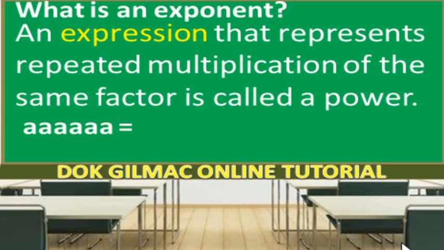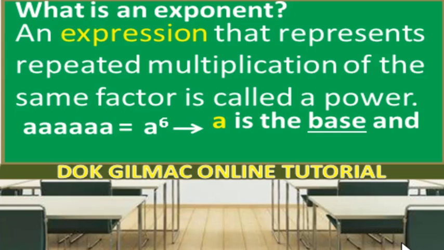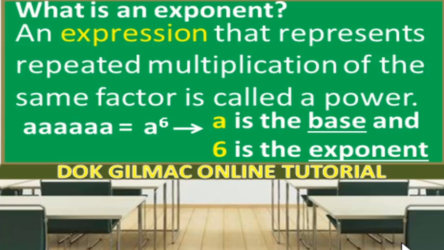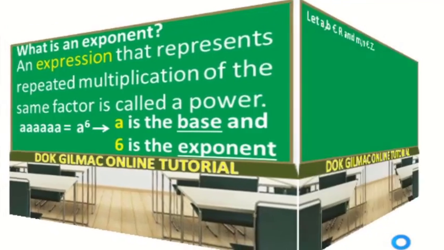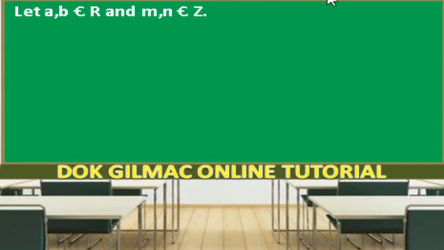It is a to the 6th power, which is simply equal to a raised to 6. Take note, a is the base and 6 is the exponent. So take note of that. Let a be an element of real numbers, and m and n elements of integers.